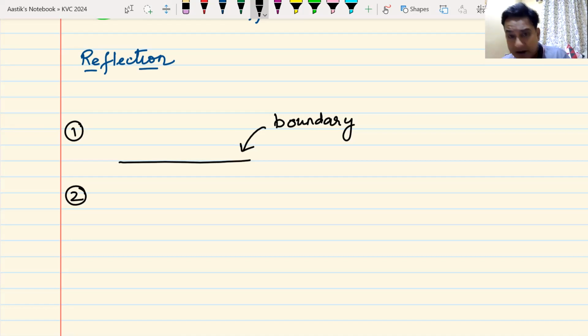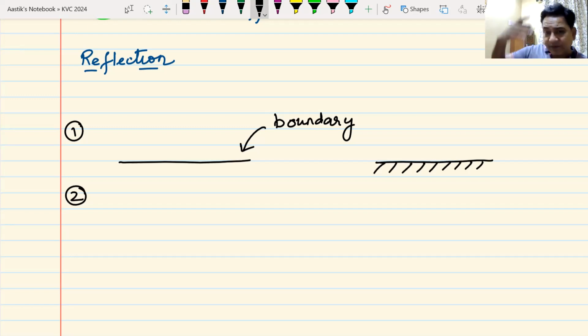If you have a boundary between two mediums, that is how we can understand reflection very correctly. Or you have a reflecting surface, a mirror, anything that will help light bounce back.